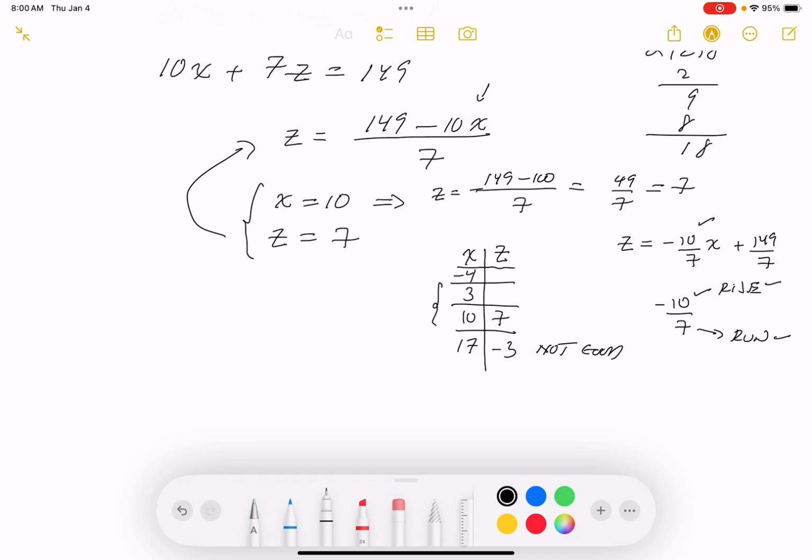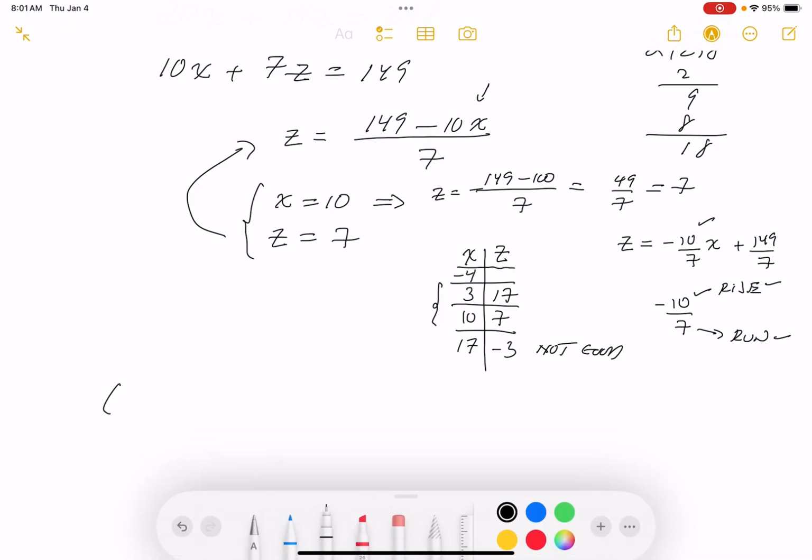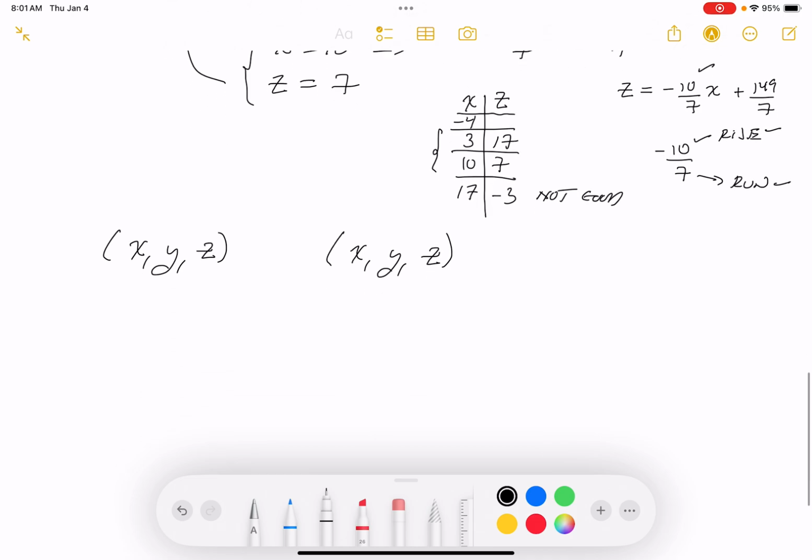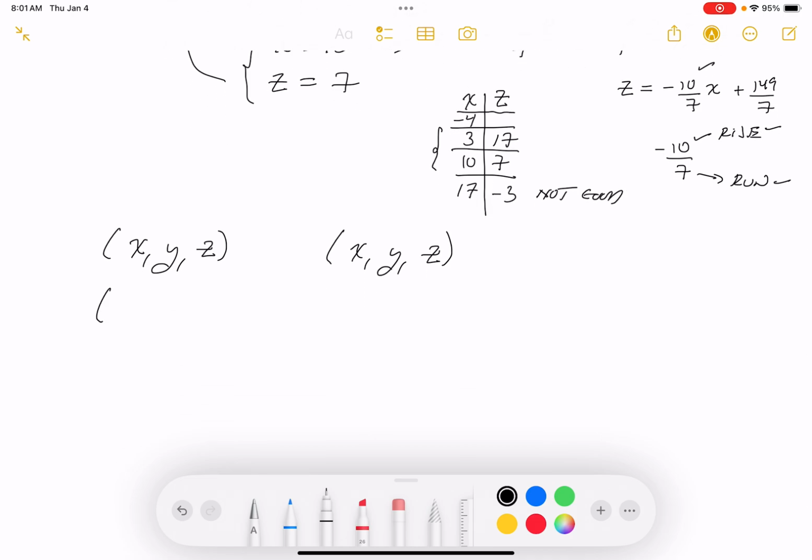This over here is going to be 17. So let me write this down as x, y, z, and I got 2 possibilities. So x could be 3, the z could be 17, or the x could be 10, and the z could be 7. By the way, someone says, how do you get the other guys?